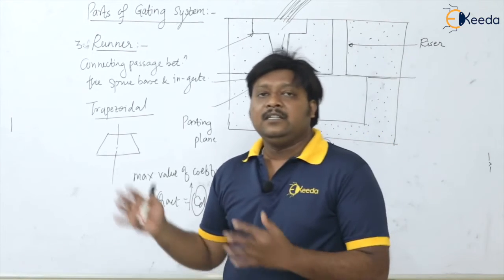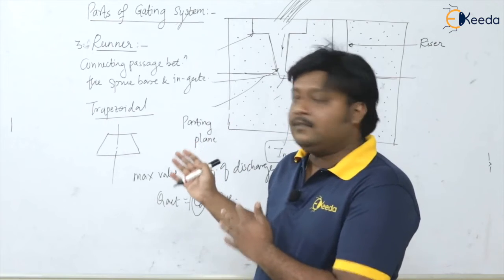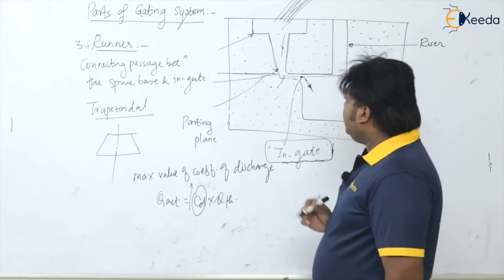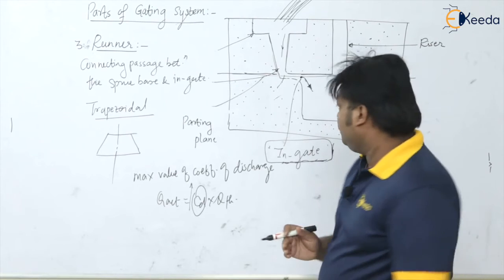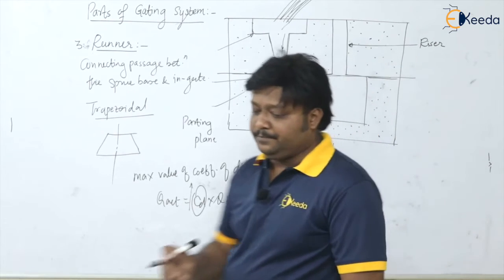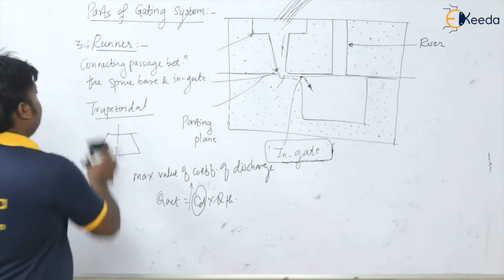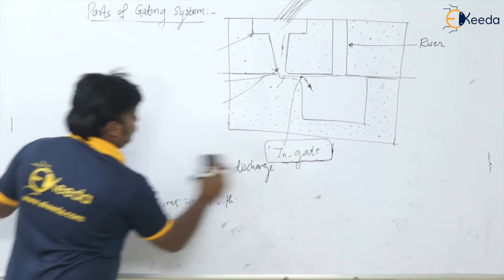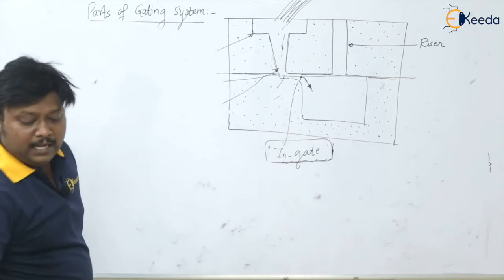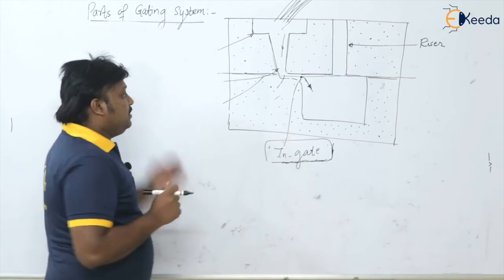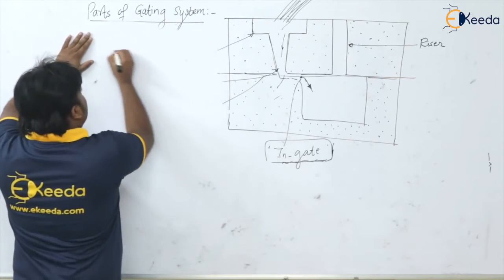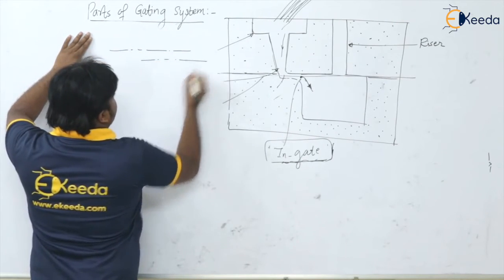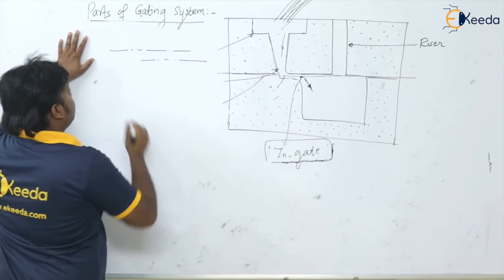of the runner. But there is always some offset between the axis of the runner and the axis of the ingate. Please remember this.